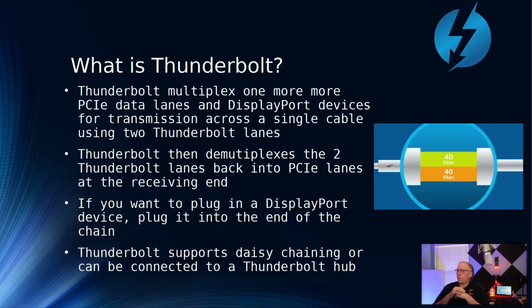So it will see it and it can display up to, I think, 4K on Thunderbolt 2. And I think there could be 2 4K monitors on Thunderbolt 3 and 4. Might be more on 4, I'm not quite sure, but I think it is definitely 2 devices on Thunderbolt 3. So Thunderbolt also supports daisy chaining.